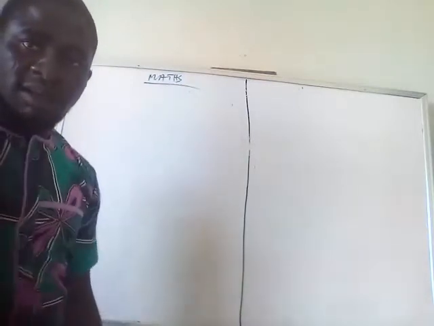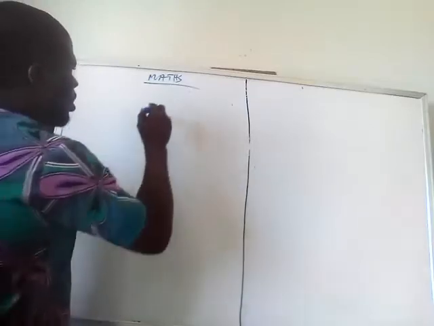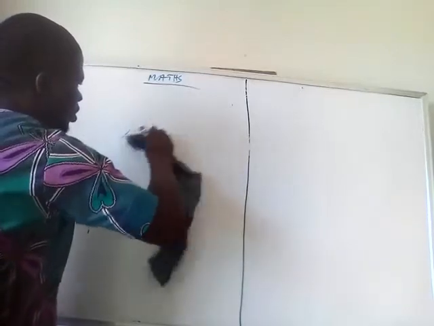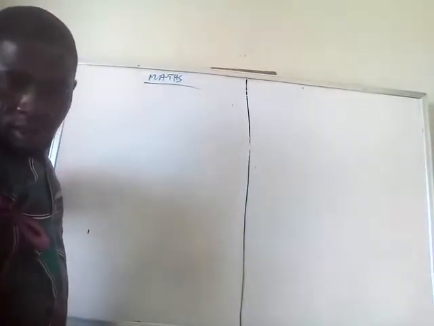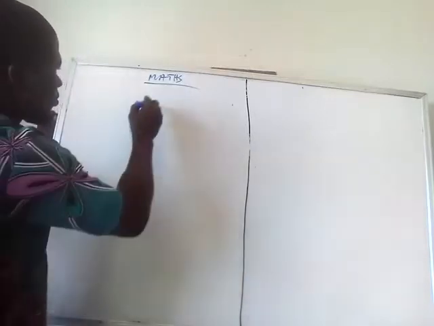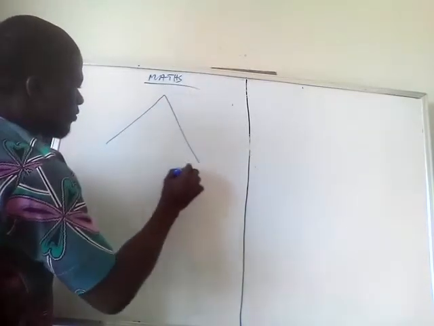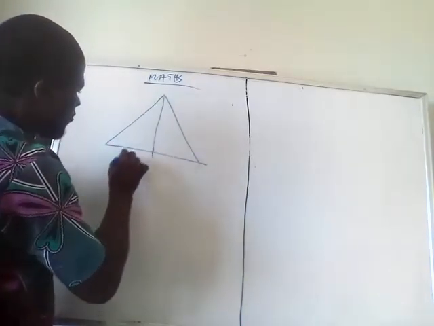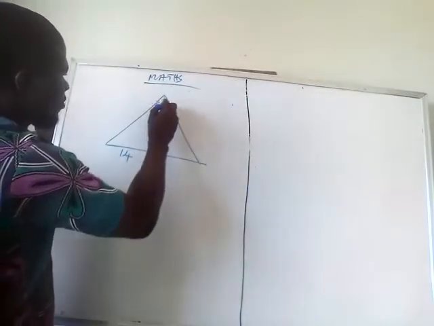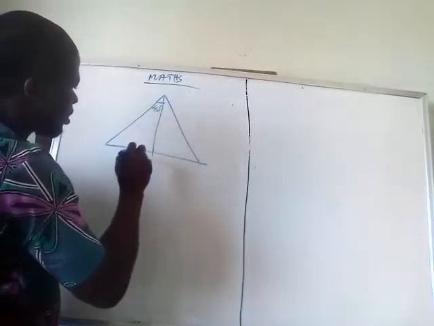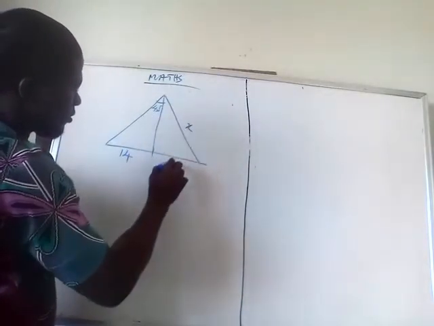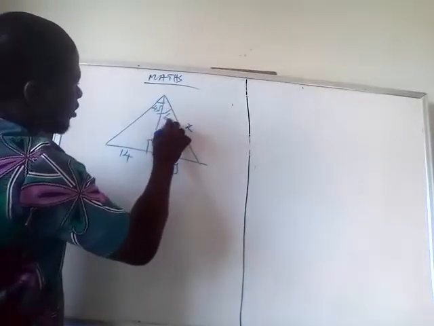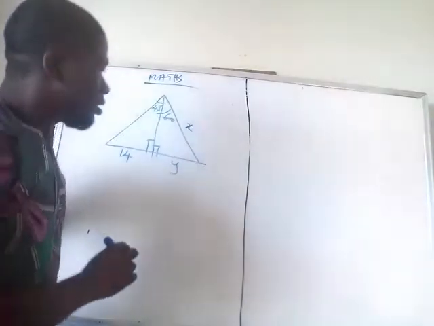We want to solve some examples now. If we are given something like this, you have 14, you have 45, you have x, you have y, 90, 90, here is 60, 60.